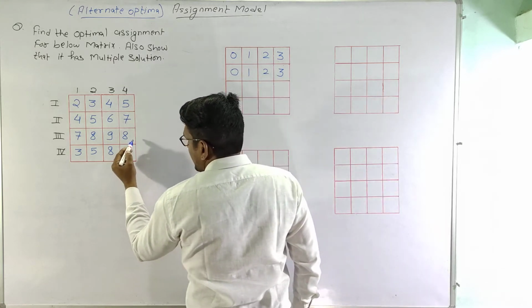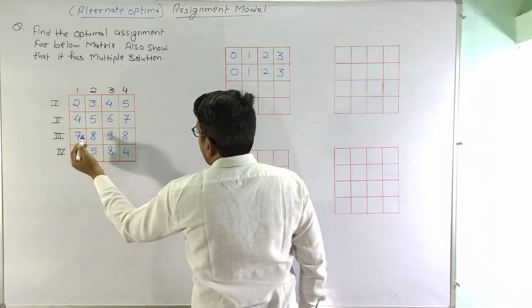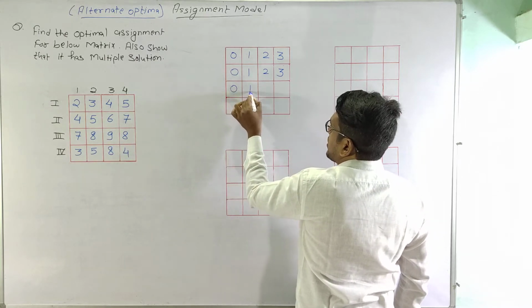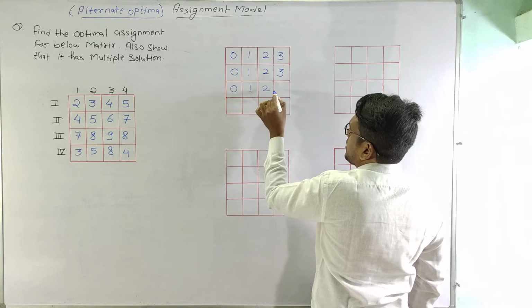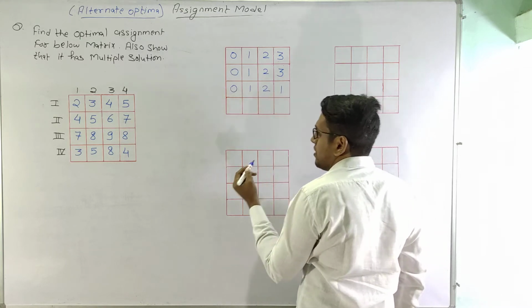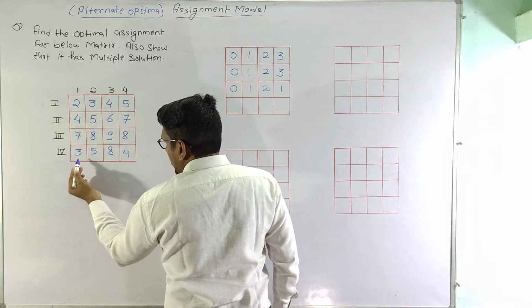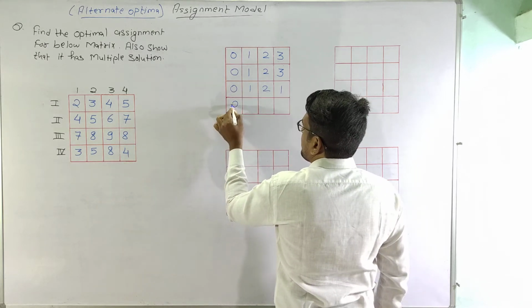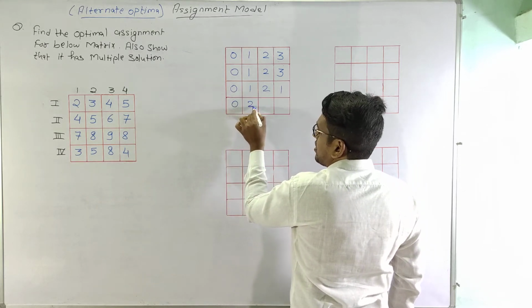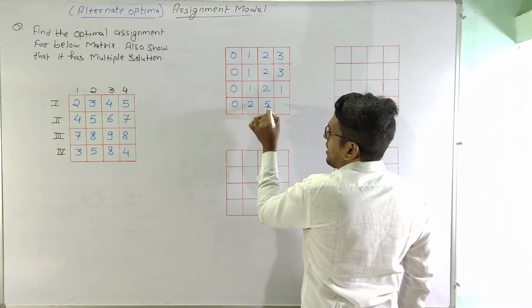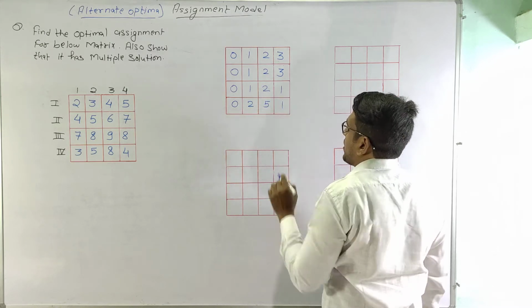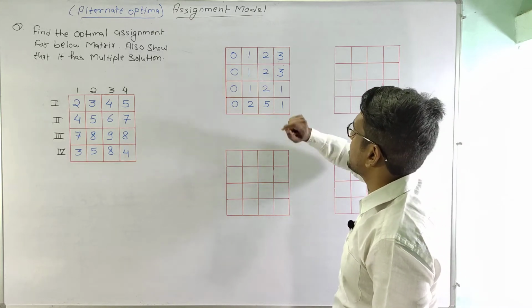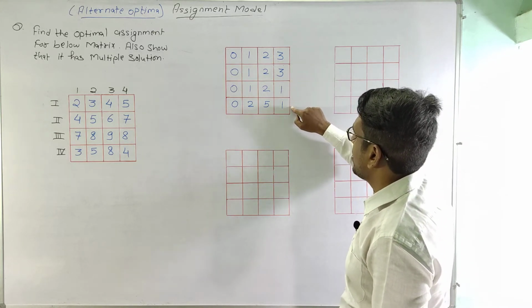Moving on to row 3, the minimum value here is 7, so 7 minus 7 is 0, 8 minus 7 is 1, 9 minus 7 is 2, 8 minus 7 is 1. Moving on to the last row, the minimum value is 3, so 3 minus 3 is 0, 5 minus 3 is 2, 8 minus 3 is 5, and 4 minus 3 is 1. As we can see, now we have at least one zero in each row.